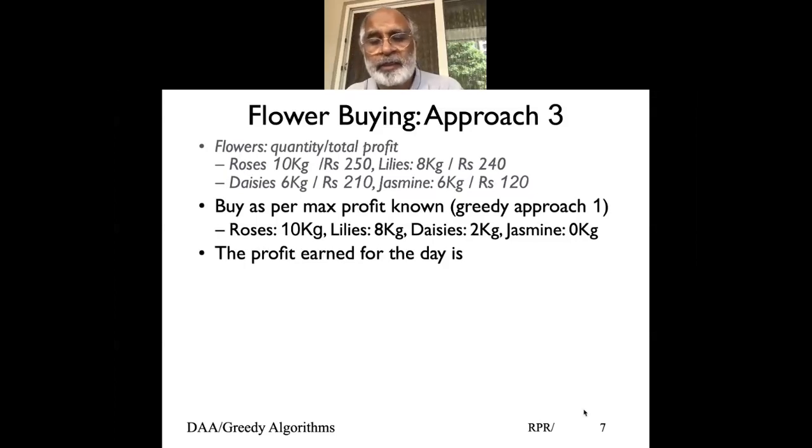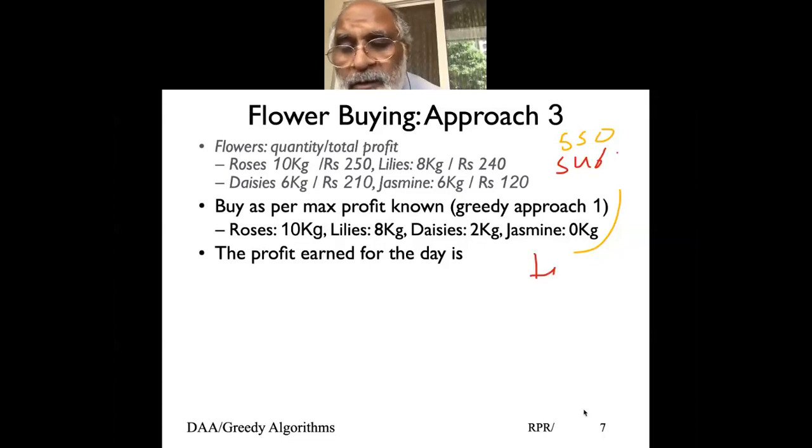Can somebody put it in the chat box or speak what the total profit is when I buy this kind of amount? In the first approach, my profit was 550 rupees. In my second approach, it was 546 something. What would the profit be in this case? Can you quickly calculate and give me the answer? Anyone? Nitish, Noor?